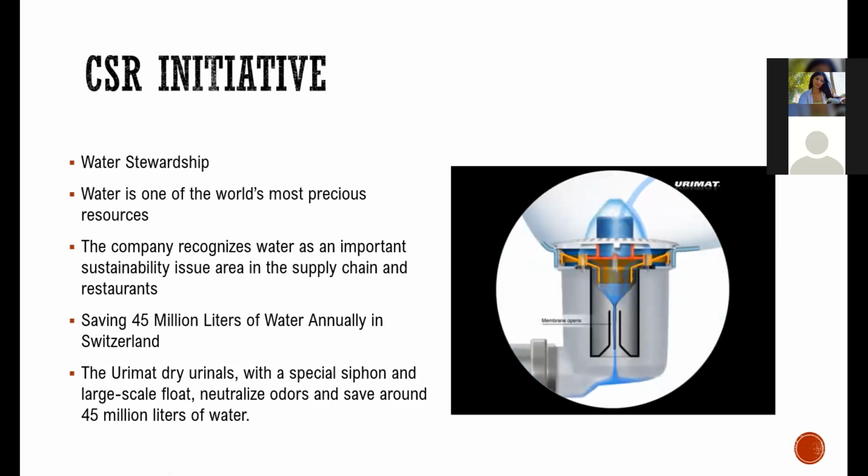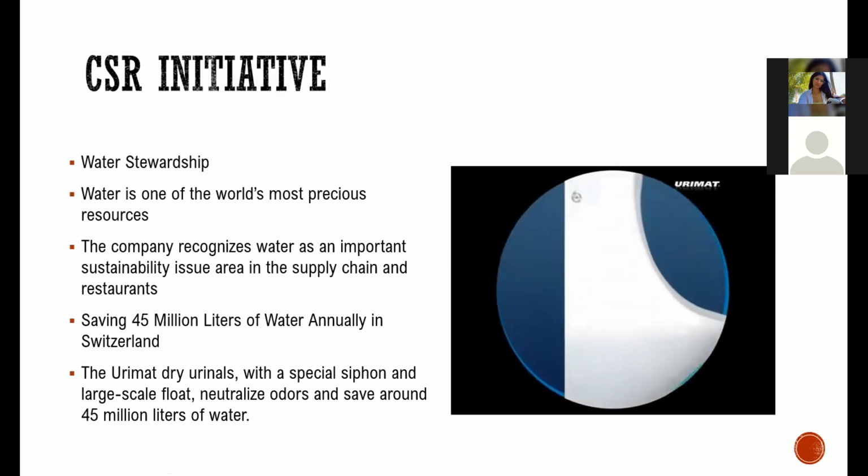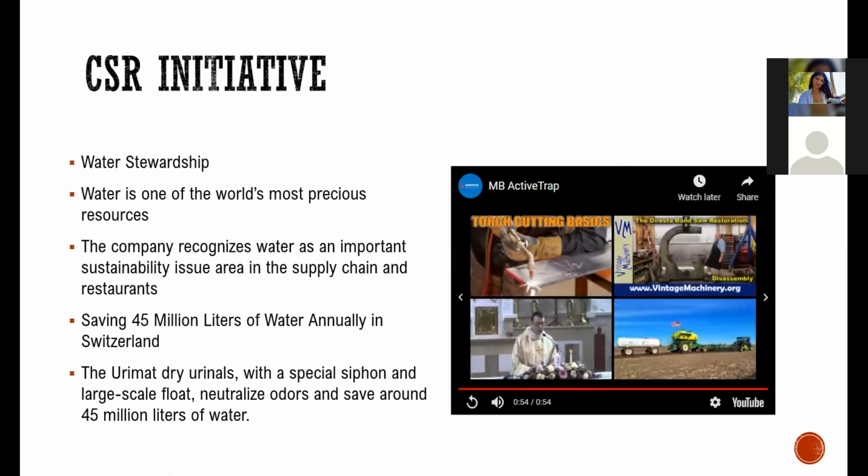So the company recognized water as an important sustainability issue area in the supply chain and restaurants. Because of that strategy, McDonald's saves many liters of water around the world, such as in Switzerland.